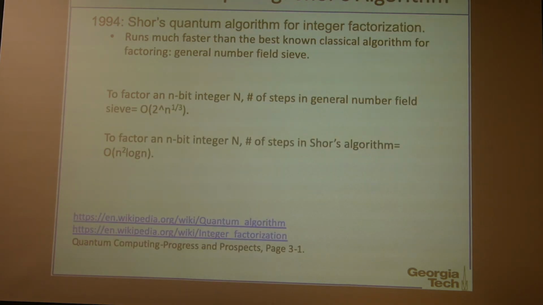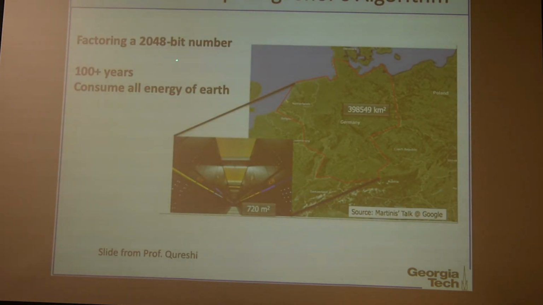So let me show you some numbers, some ideas. For example, if you want to factorize a 2048-bit number into two integer primes, you will need a supercomputer the size of Germany that runs for 100 years and consumes all the energy of the earth that we consume.